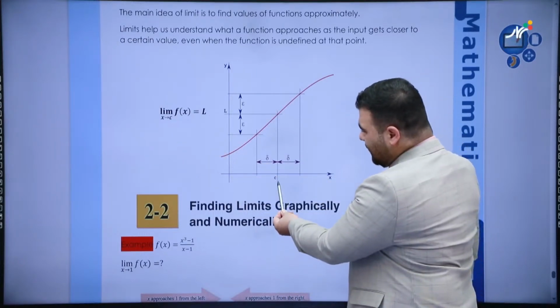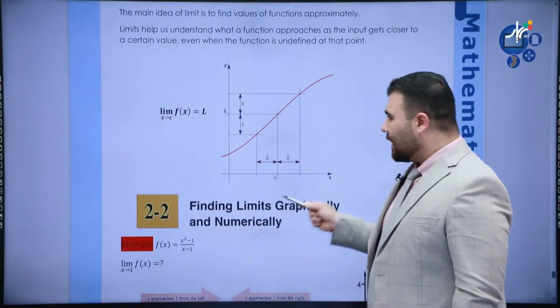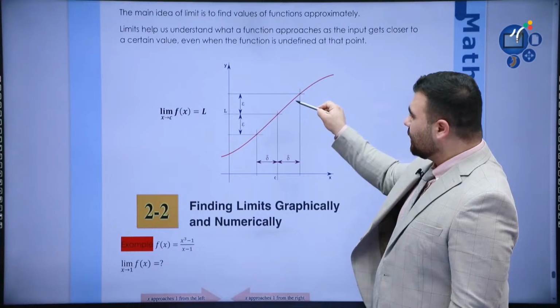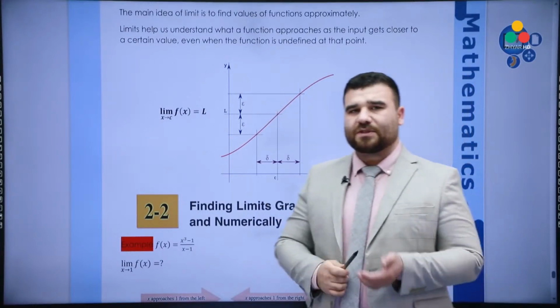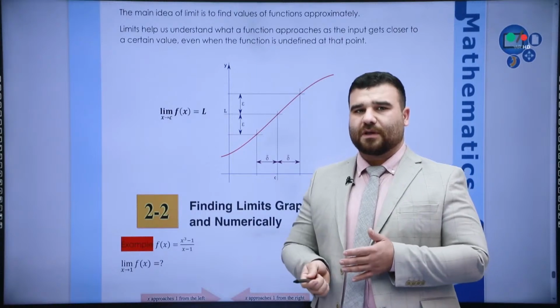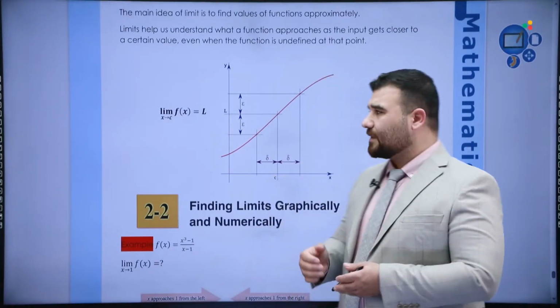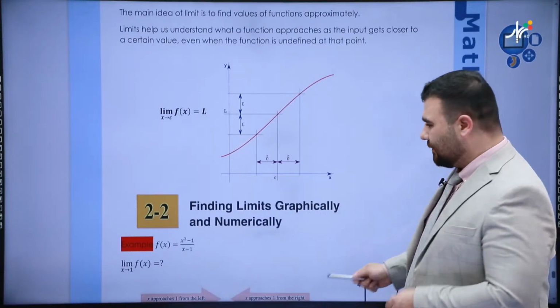So if we say c is here, then this graph is the function f(x). As we get closer to c, the value of the function gets closer to L. This means the limit as x approaches c is equal to L, meaning as x approaches c, the value of the function gets closer to L. Then L is the result of the limit.